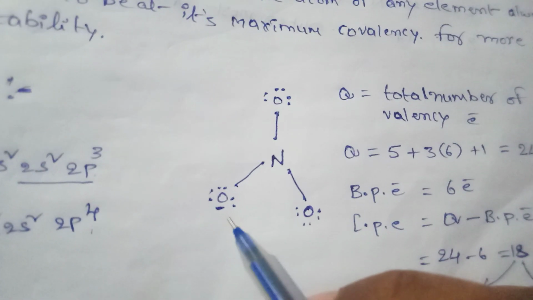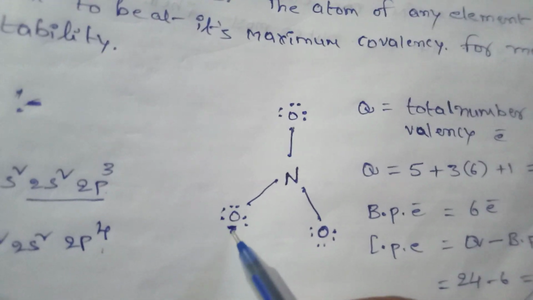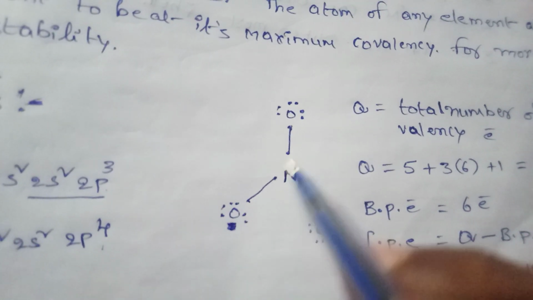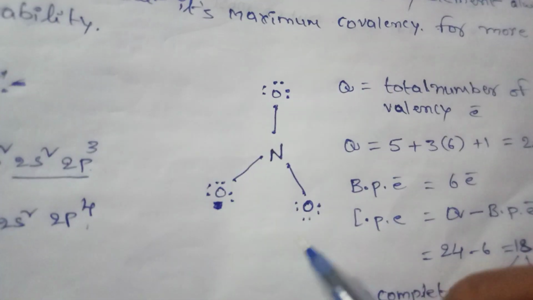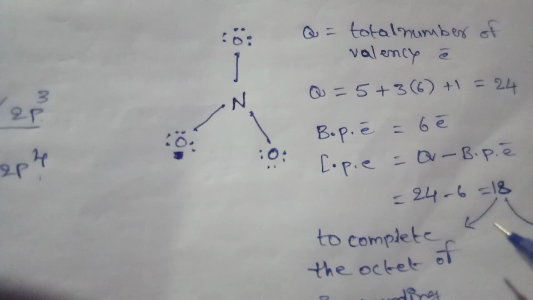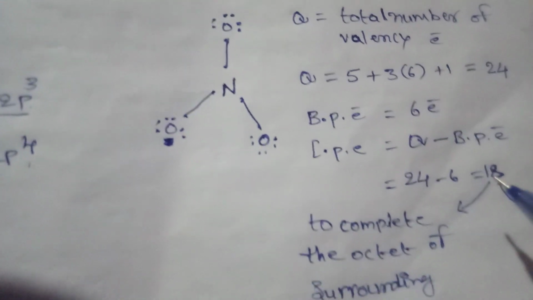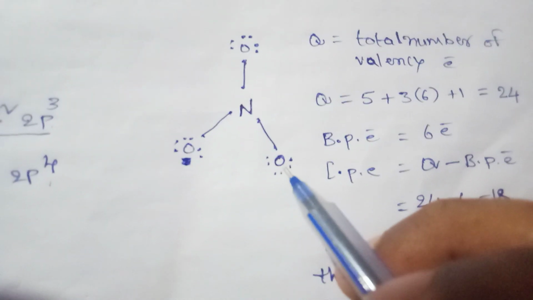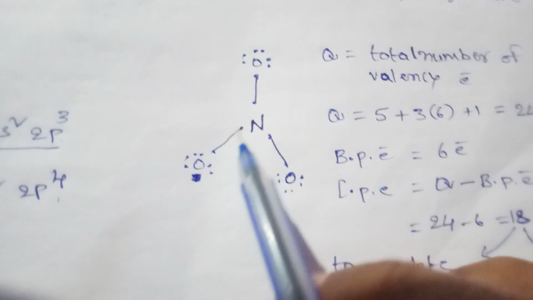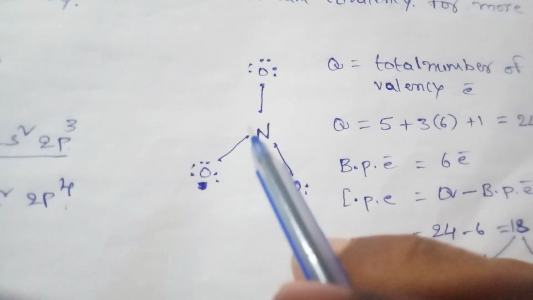Actually, this is not there, friend. This was a mistake earlier, so it is not there. So here 6 electrons, here 6, here 6, 18 electrons we completed, and the octet of each oxygen atom is also completed. But look at the central atom nitrogen.